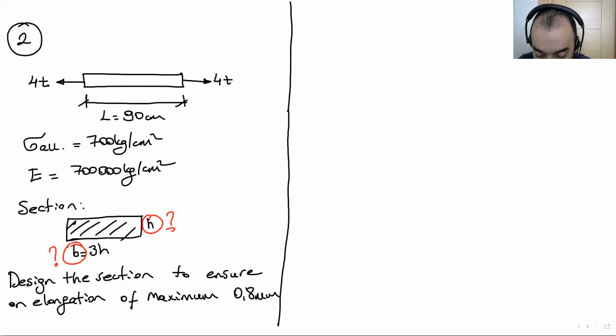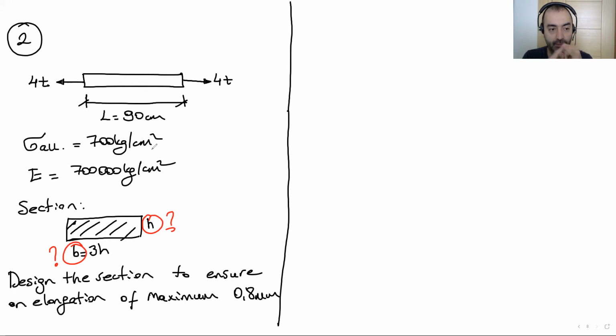Now, to design this section, we have to check two things. First, we have to check the strength, and we have to check the deformation or elongation. Elongation is a kind of deformation for that member because there is a length change in the axial force direction.